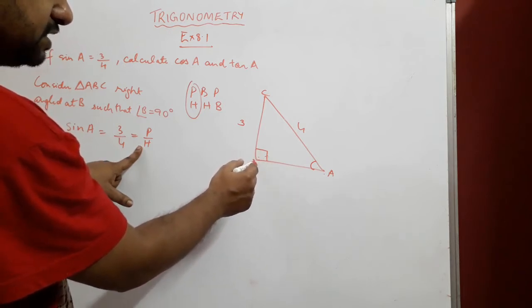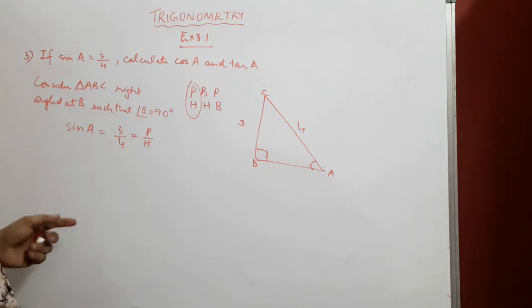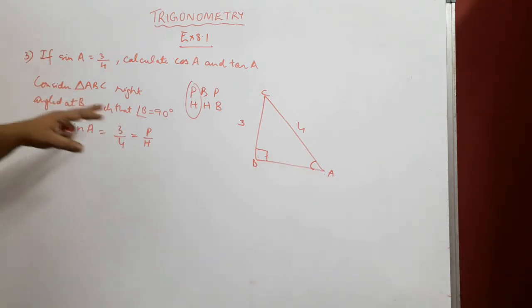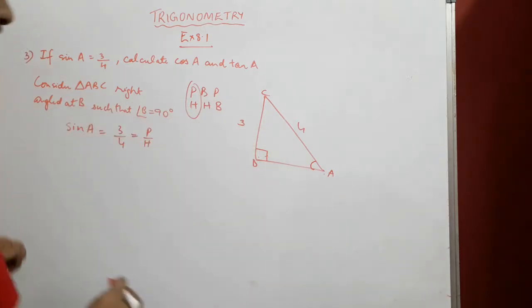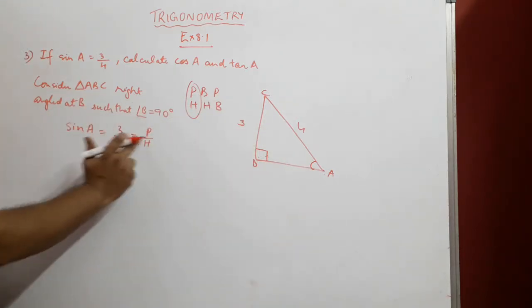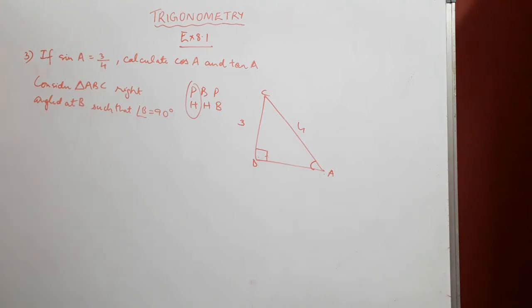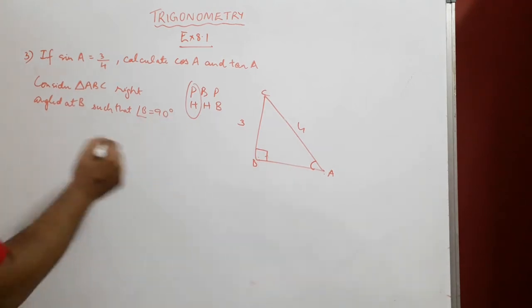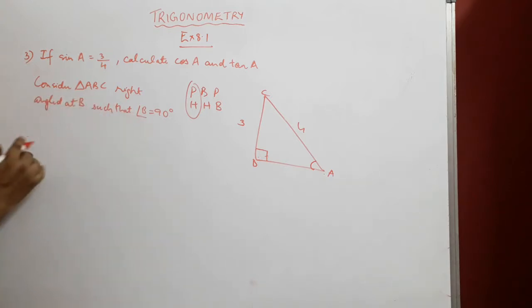Now this can be C, this can be B, it's up to you to decide. I have taken it as B, right angled at B. So we take ABC as the triangle, and this is for your understanding, no need to write all this. We make a note over here so it makes it easier for you.